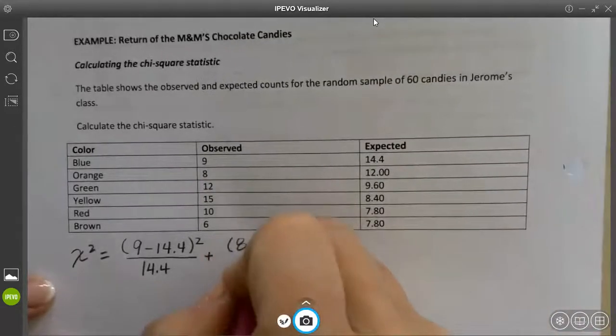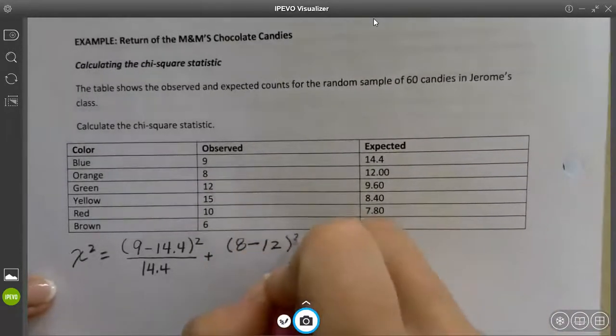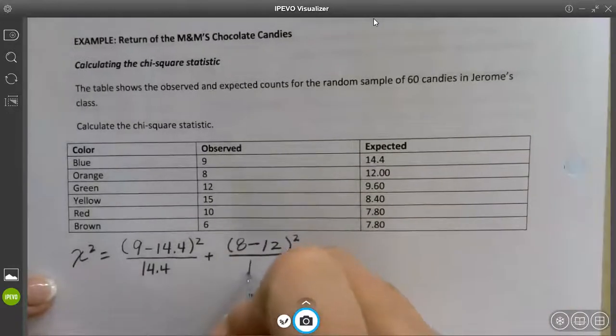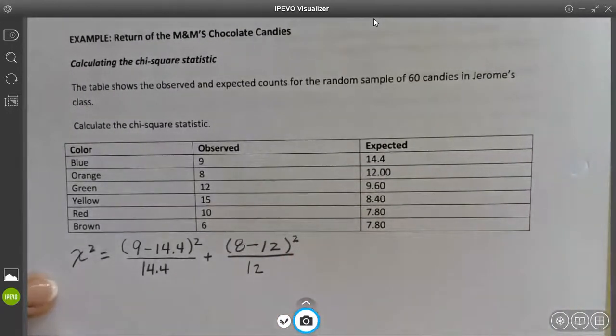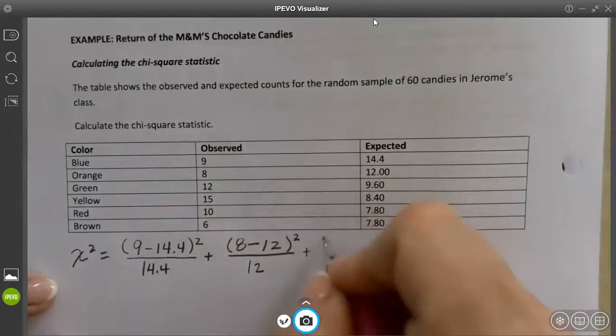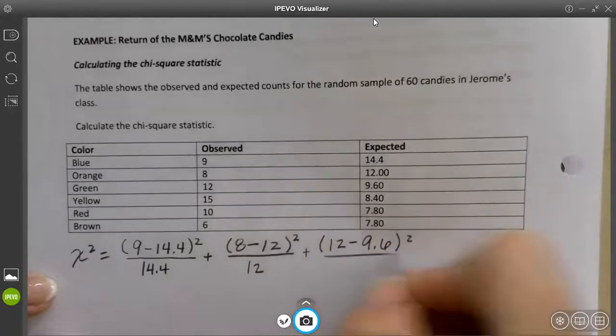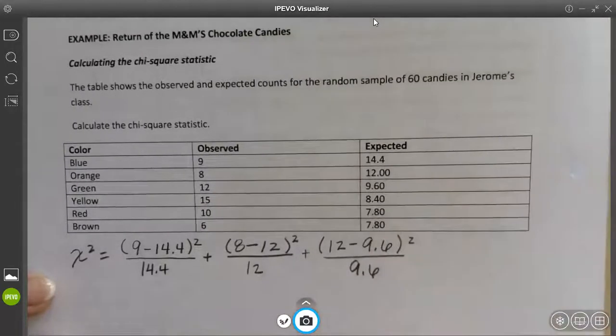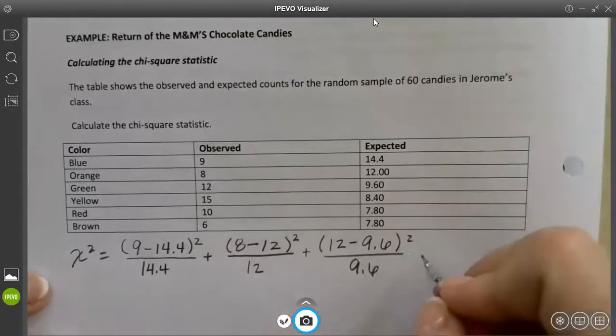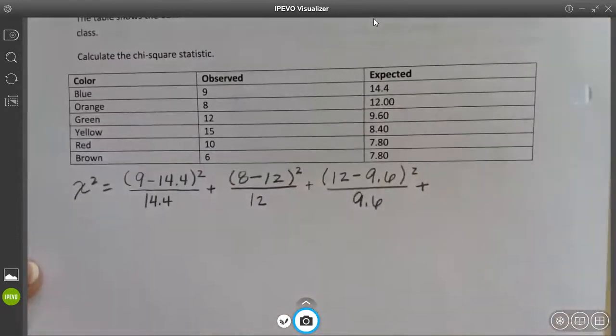Your observed minus your expected squared over your expected. Observed minus expected squared over your expected. I'm going to continue to the next line so you guys can see it.